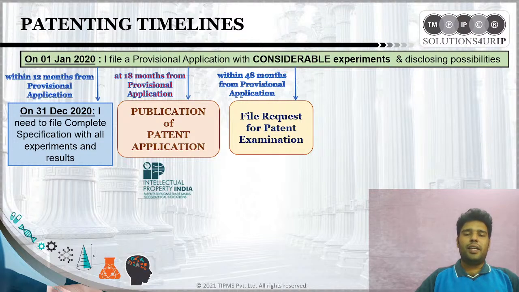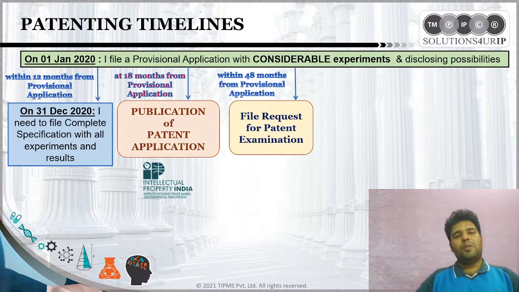To get an early grant, you might have filed on the initial date itself not a provisional patent application, but directly a complete patent specification.